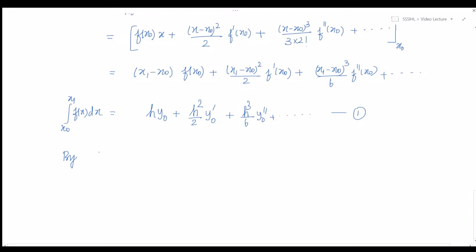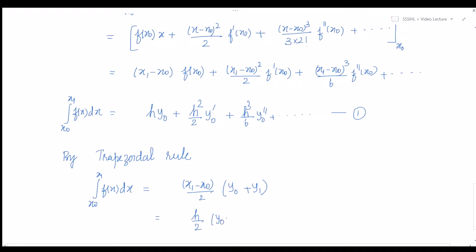By the trapezoidal rule, the integral x naught to x1 f of x dx is equal to (x1 minus x naught) by 2 into (y naught plus y1), where x1 minus x naught is nothing but the class size, which can be taken as h. So it is equal to h by 2 into (y naught plus y1).